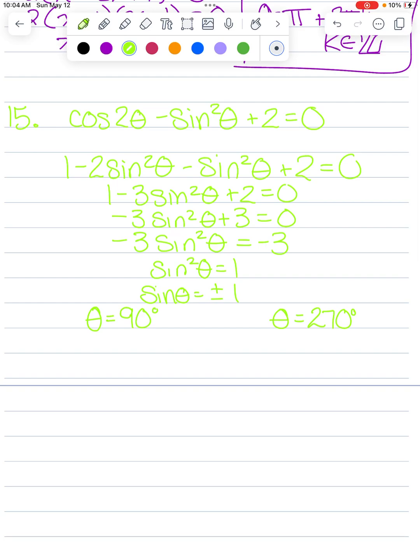Cosine of 2 times 90 is cosine of 180, which is negative 1. Sine squared of 90 degrees is 1. So, negative 1 plus 1 plus 2 equals 0. That doesn't work. But I think I did something wrong there, because I think that one's supposed to work.